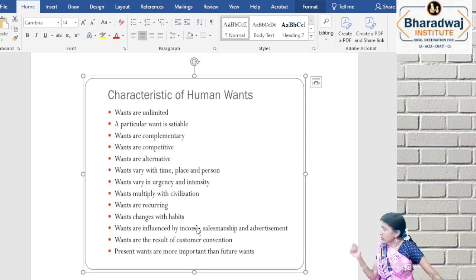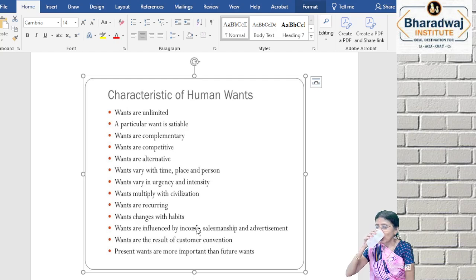Karan, can you read out this from the board so that those who are listening can also be clear? Wants are unlimited. A particular want is stable. Wants are satiable. Wants are complementary. Wants are competitive. Wants are alternative. Wants vary with time, place, and person. Wants vary in urgency and intensity.